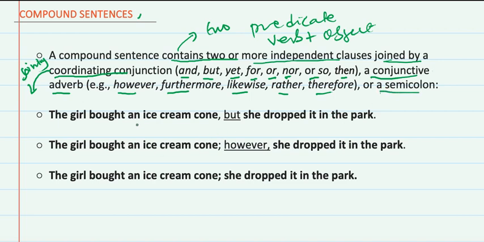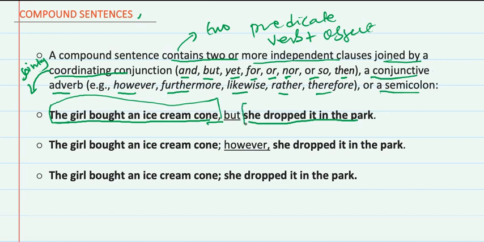Let's check examples. The girl bought an ice cream cone, but she dropped it in the park. So the first one is the girl bought an ice cream cone. So it's one sentence.